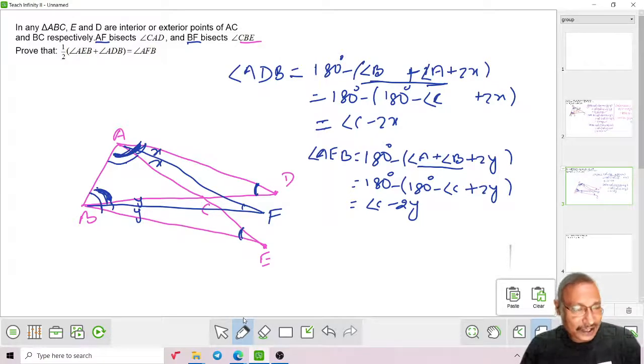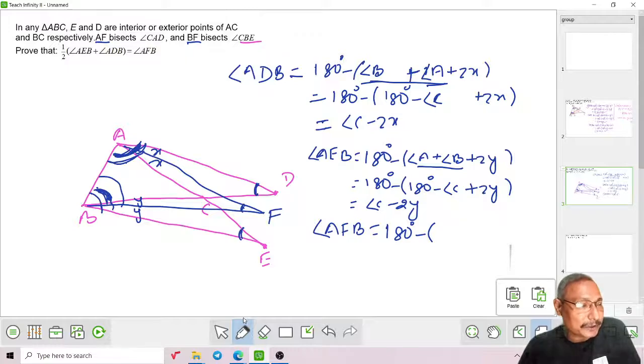Okay, the last part, we take angle AFB. To know this angle, we are to use this triangle AFB. In this triangle, we should subtract the sum of these two angles from 180 degrees.